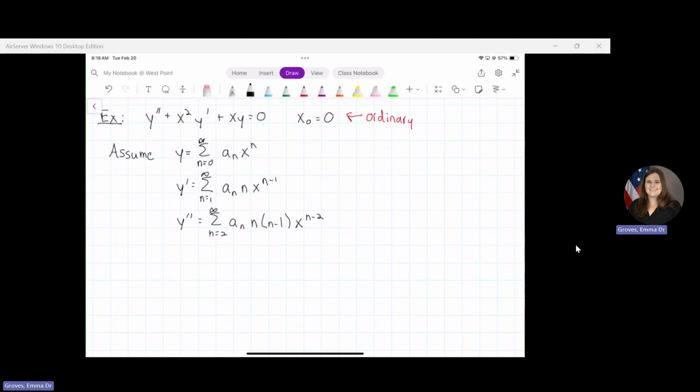So I'm going to have the sum from n equals 2 to infinity of a n, n minus 1 x to the n minus 2 plus x squared times the sum from n equals 1 to infinity a sub n x to the n minus 1 plus x times the sum from n equals 0 to infinity a sub n x to the n, and all of that equals 0.